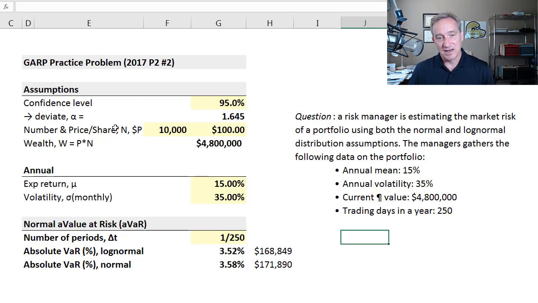So that's an application of that problem where, in this video, we've now covered a lot of the basics around VaR, in 2 dimensions at least. We've covered the distributional assumption about which return is normally distributed, so we've got log normal versus normal.